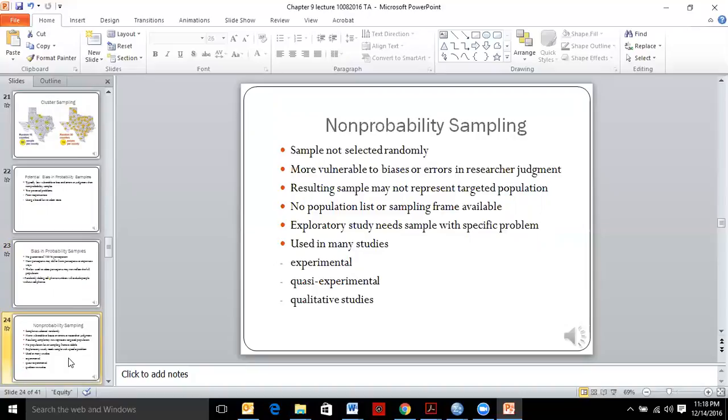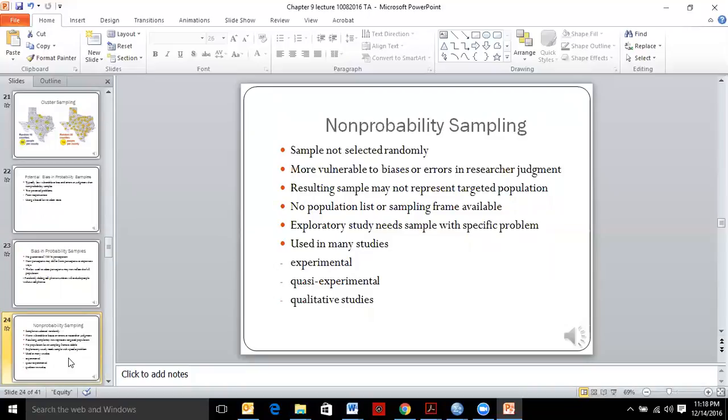The other part of sampling is non-probability sampling. So in this type, the sample is not selected randomly. It's more vulnerable to biases or errors in researcher judgment.